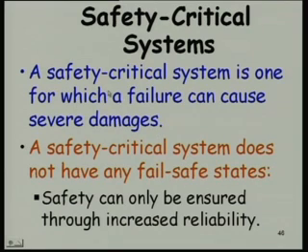So, just to summarize what we discussed, a safety critical system is one where any failure can cause severe damage, and no fail safe state exists in these safety critical systems. So, we can't even revert to a fail safe state. The safety will be ensured only by increasing the reliability, making it extremely reliable.